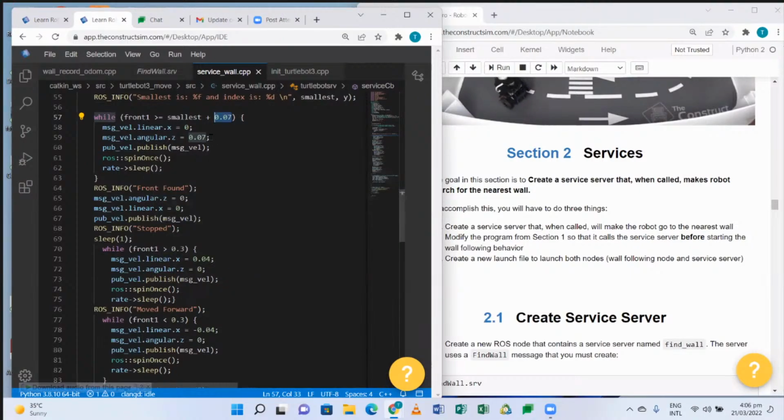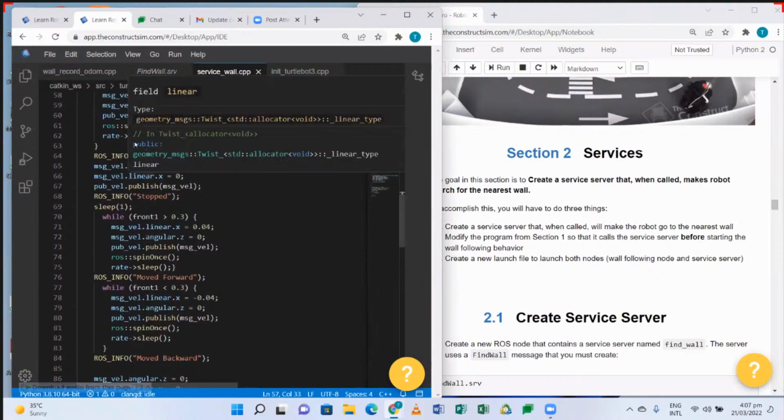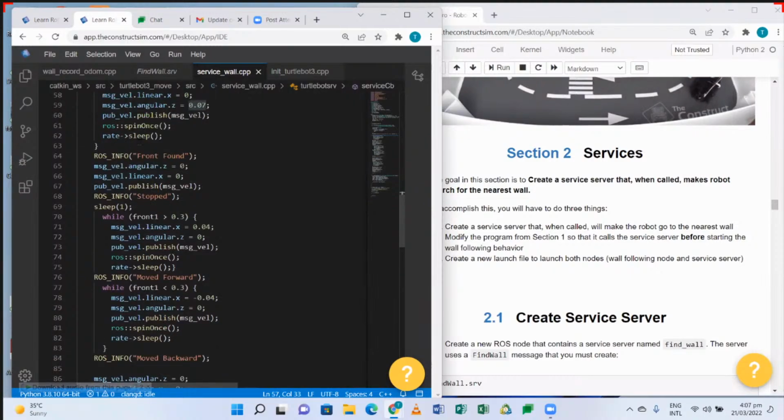Therefore, while the value of front is greater than smallest plus 0.07, it must keep rotating anti-clockwise. Once the front value is less than smallest plus 0.07, it would exit this loop, and it would keep spinning with this frequency, so that it can update the laser values as well.